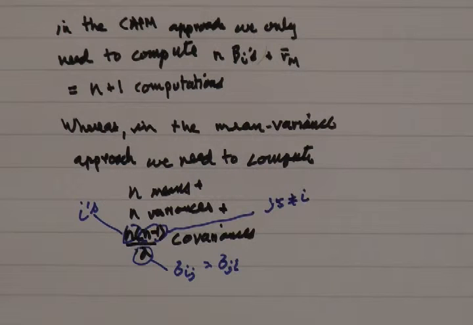Okay. Now, what does this come out to be? If n is large, this is a distinct advantage.